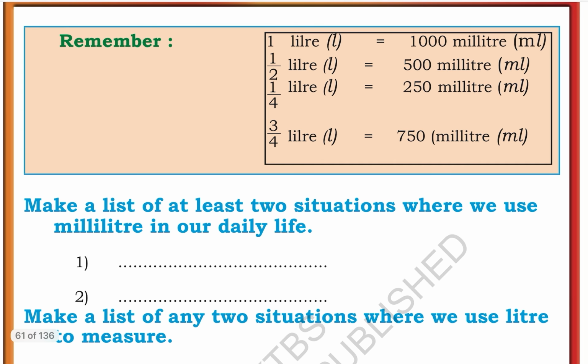Remember, 1 liter is equal to 1000 milliliter, half liter is equal to 500 milliliter, half this, 1 by 4, is quarter.